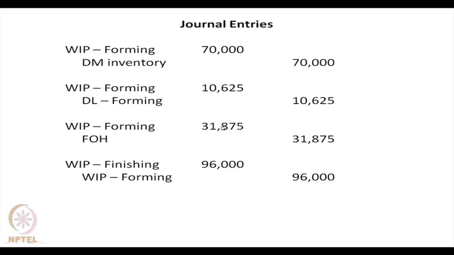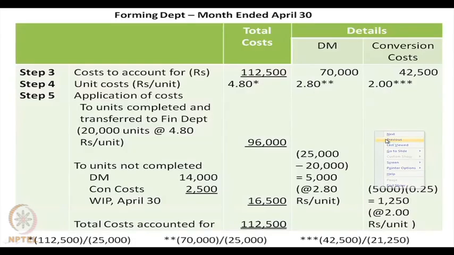They are debited to the work in process account of the forming department, but credited to the direct labor and factory overhead accounts. Finally, we have calculated this 96,000 rupees as the cost of goods, 20,000 units, that are transferred to the finishing department.